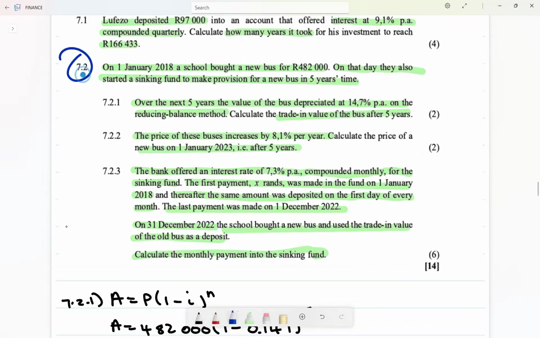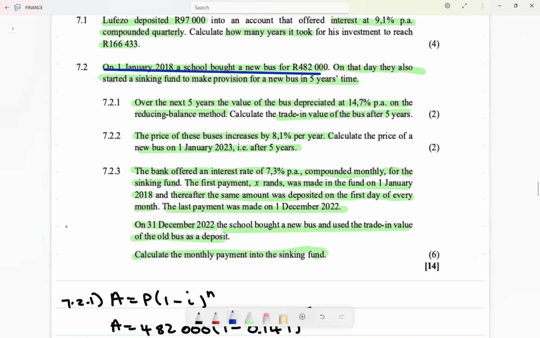On 7.2, it says on the 1st of January, the school bought a new bus. So when they bought a new bus, they knew that after 5 years they will need to replace it with a new one. And when they replace it with a new one, they will need money, more than they paid for this one 5 years before.